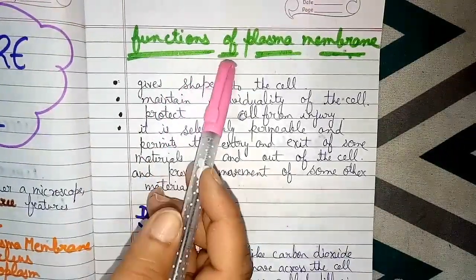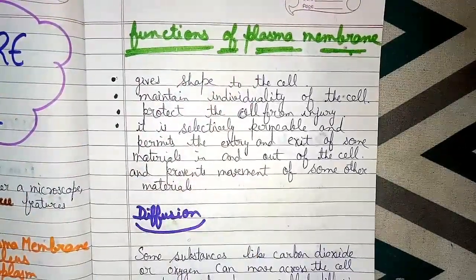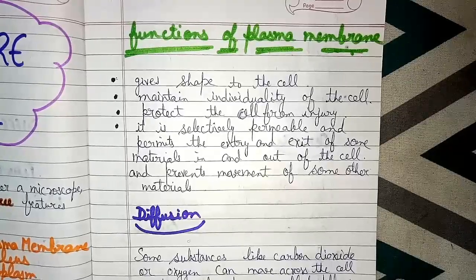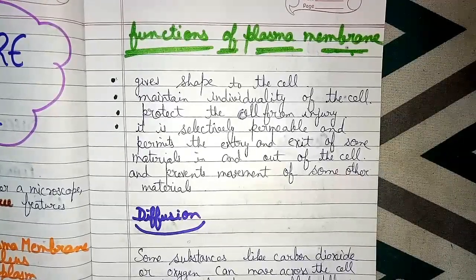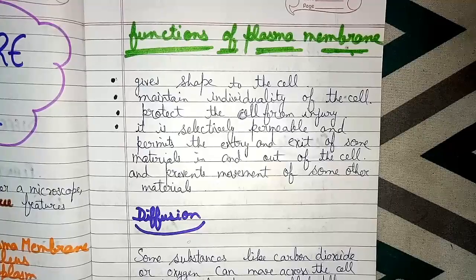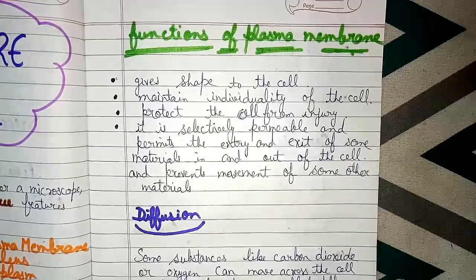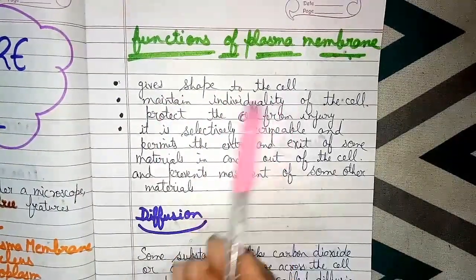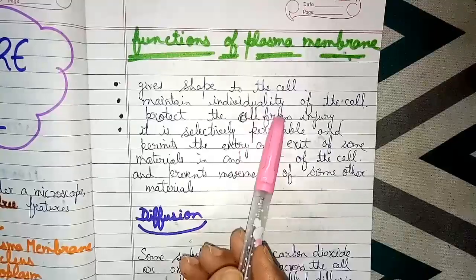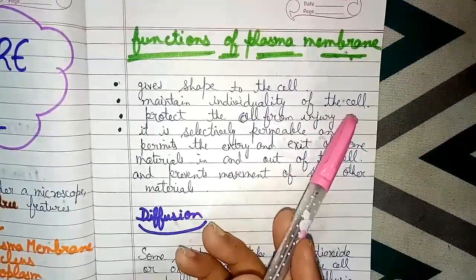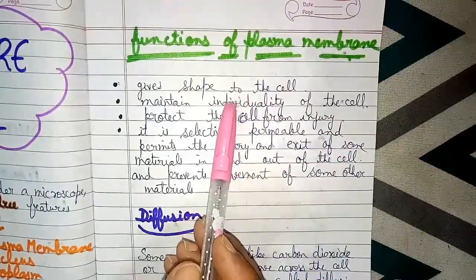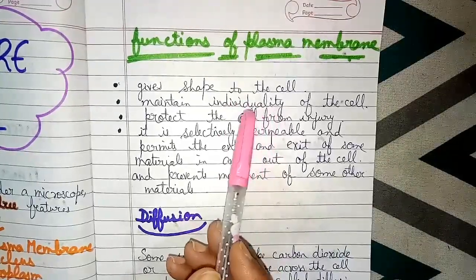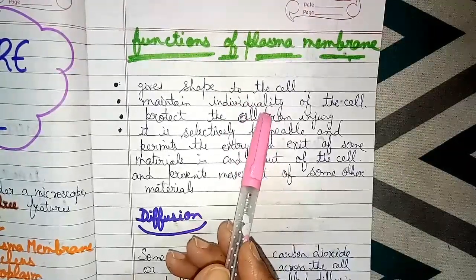Then we will discuss the functions of the plasma membrane. As I told you earlier, the plasma membrane is just like a cover. As a cover protects an object and gives it a proper shape, the plasma membrane gives shape to the cell. It maintains the individuality of the cell, meaning that one cell is different from another cell.